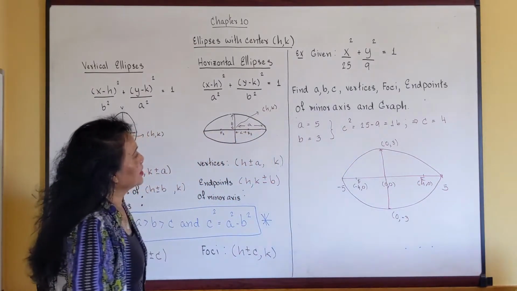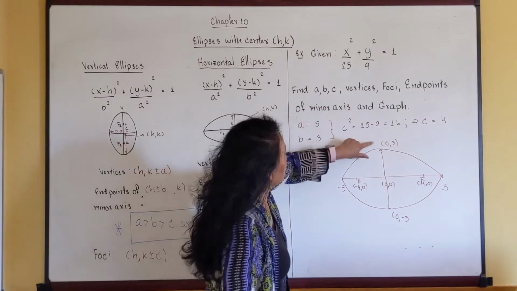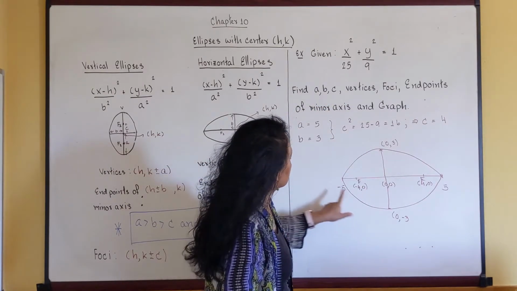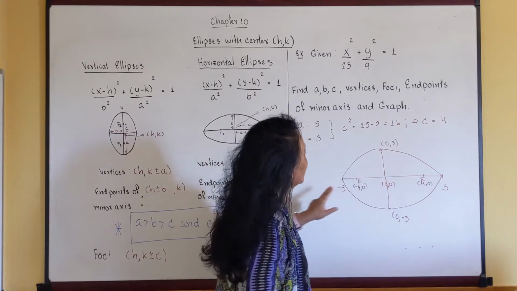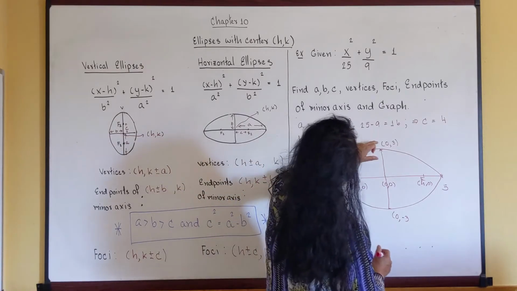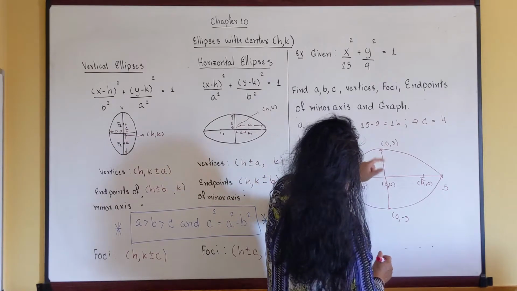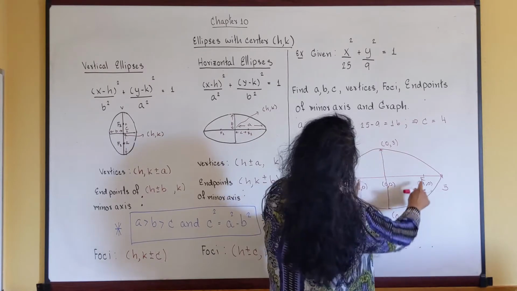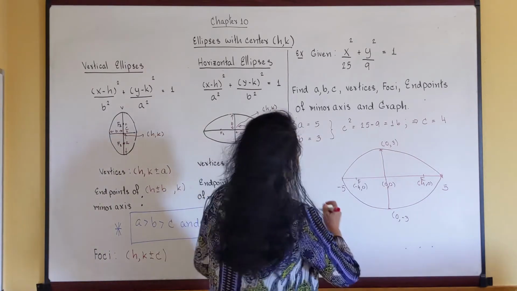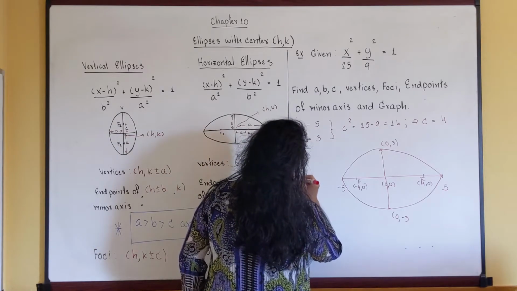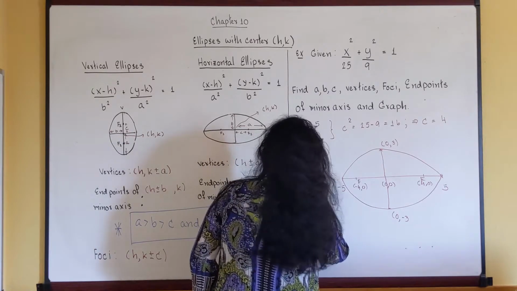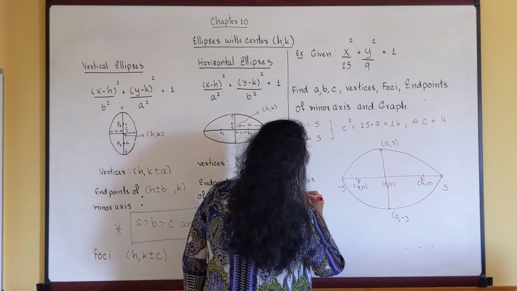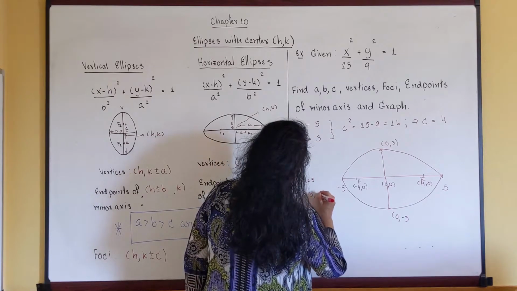Alright, so did I answer everything? That's the vertex, that's the endpoint of the minor axis, and then the foci. So let's write down. The vertex is going to be plus or minus 5, 0.